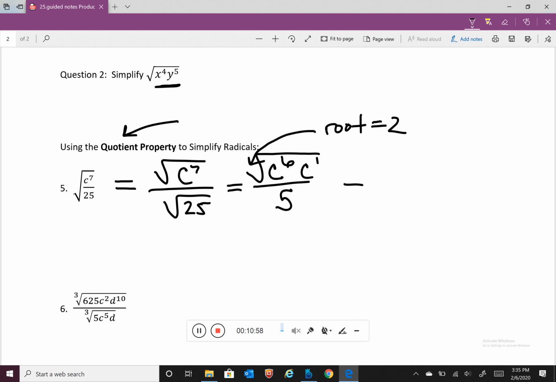So we can think about the fact that our root of 2 goes into our power of 6 3 times. And we have one factor of c left over. Again, our root of 2 goes into our power of 7 3 times, but with one remaining. We'll practice more with this.